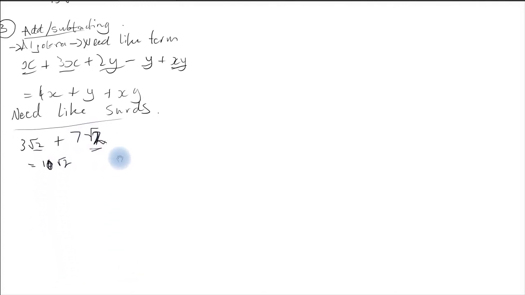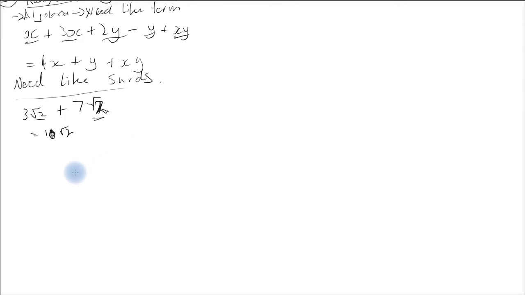Alright, so let's do a more complicated example. I might have 7 root 3 plus 6 root 11 minus 8 root 3 minus 10 root 11. Here we combine the like surds with each other.